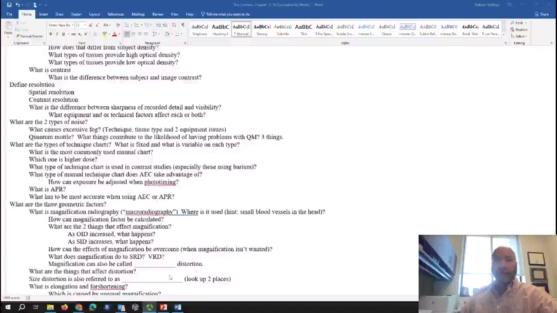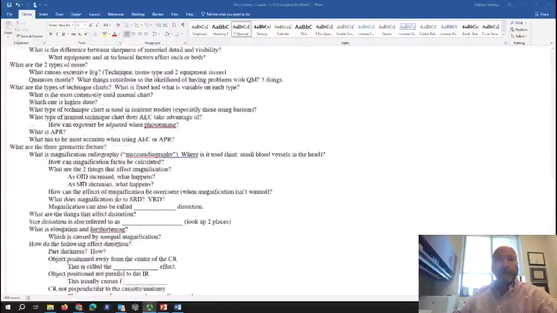That's size distortion. The things that affect distortion, we already talked about. Size distortion is also referred to as magnification. Elongation, foreshortening, we already talked about. Really, of the two, what we get in more unequal magnification would be your foreshortening.